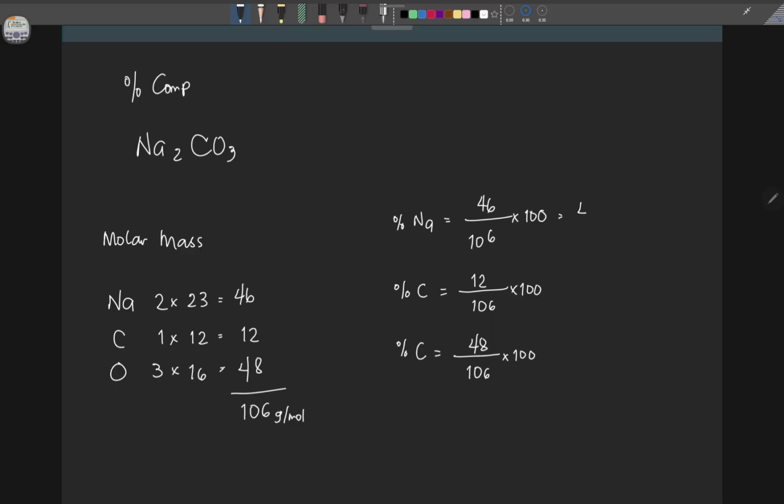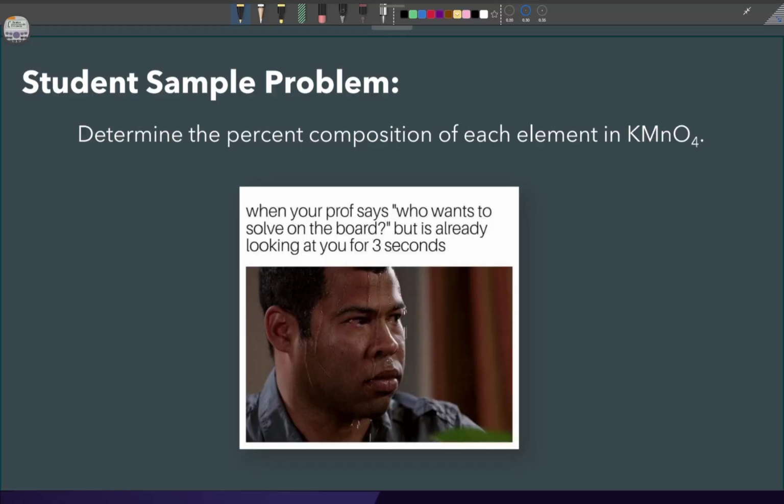This is equal to 43.40%, 11.32%, and then 45.28%. Okay, so that's it. That's for the percent composition. For your practice, you can try to solve the percent composition of potassium manganate.